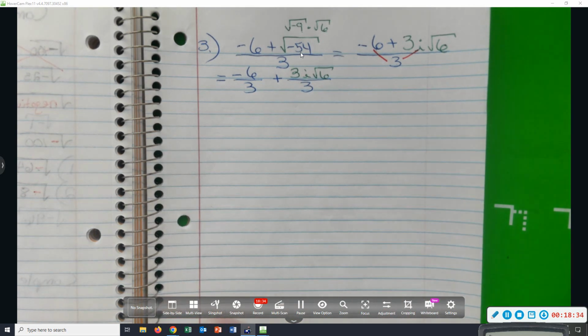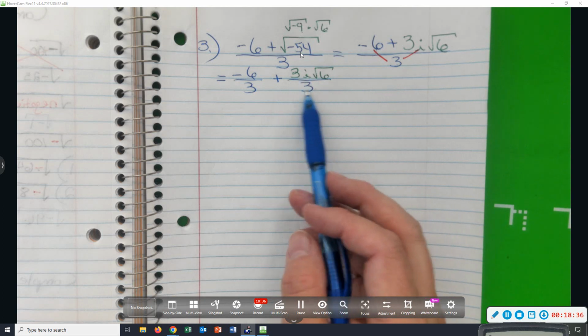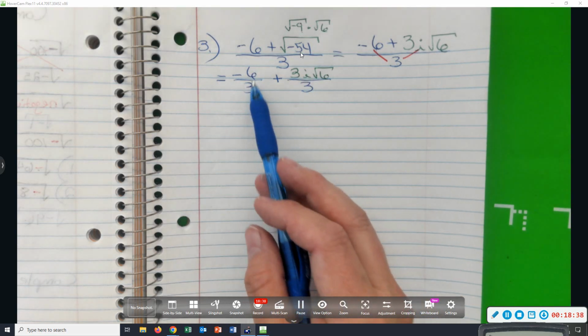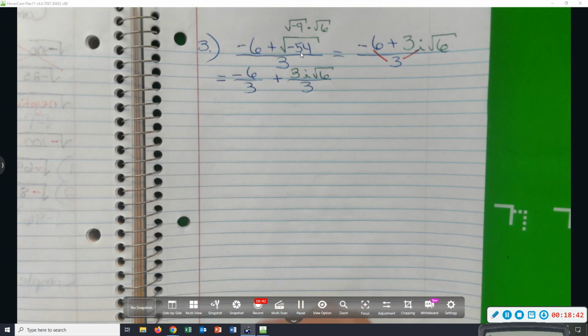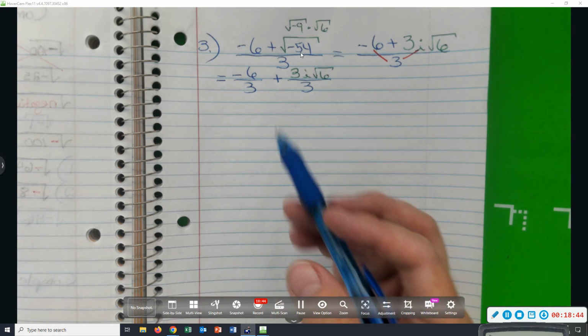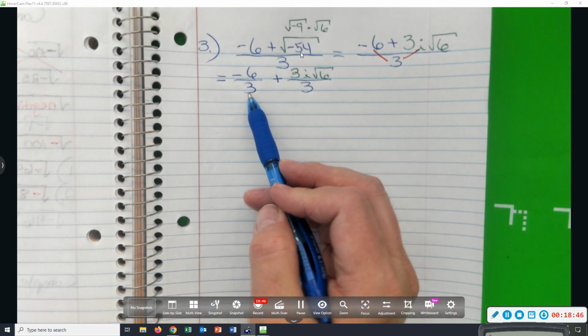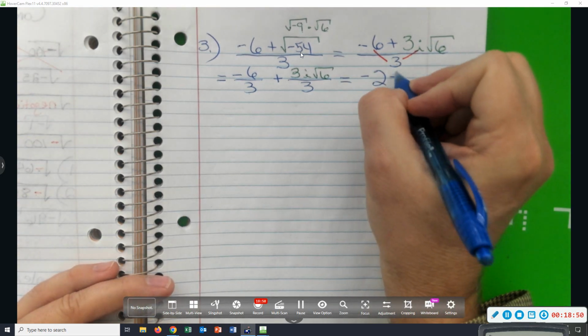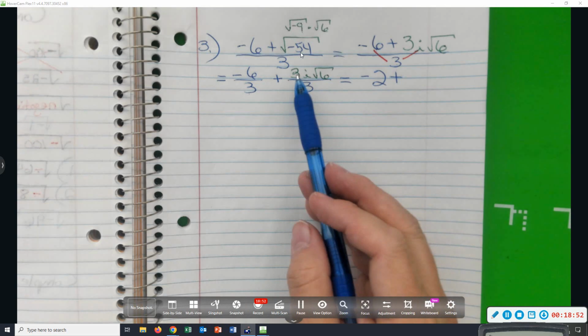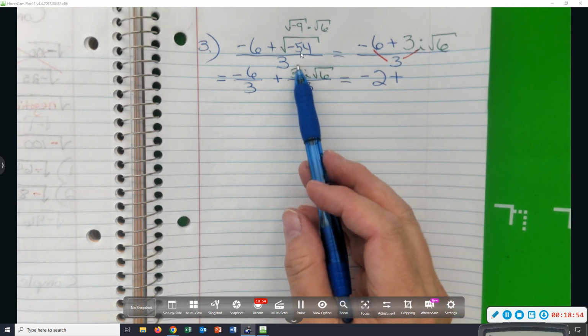And now we don't have addition or subtraction involved in any one of those fractions. It's just a number over a number. We can start canceling. -6 divided by 3 gives me a -2 plus, there's no addition or subtraction here.